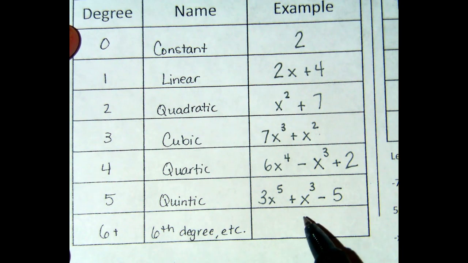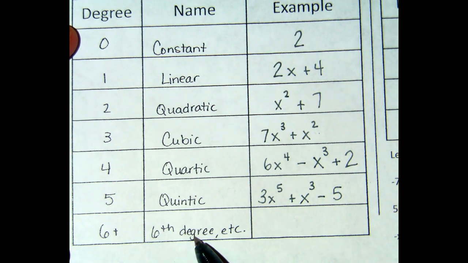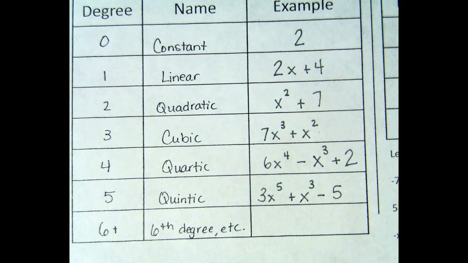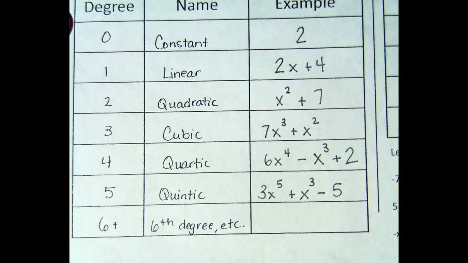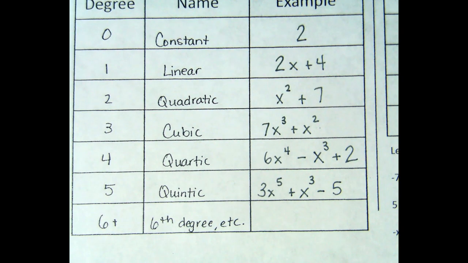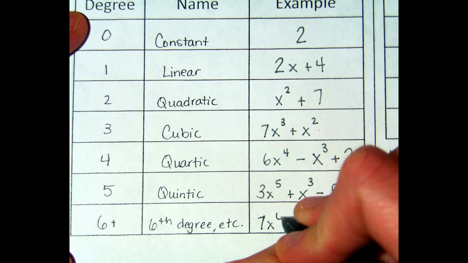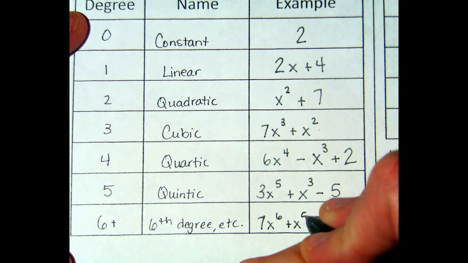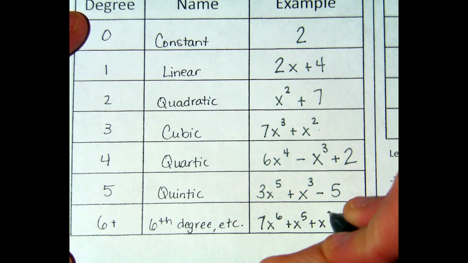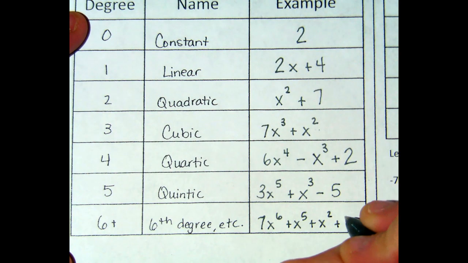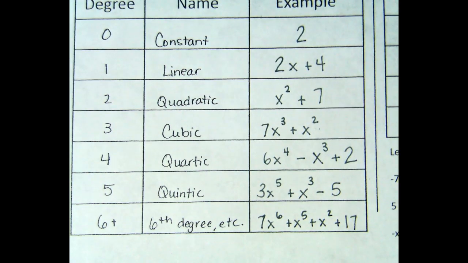So if it had an exponent of 47, it would be the 47th degree. They quit naming them, okay? That's actually true for a lot of things. They just quit. They're done. They don't want to name it anymore. So let's say 7x to the 6th plus x to the 5th plus x squared plus 17. But it's still 6th degree because the highest exponent is 6.